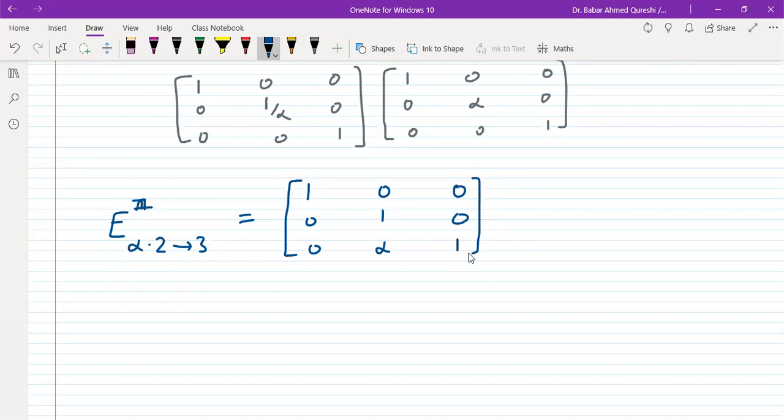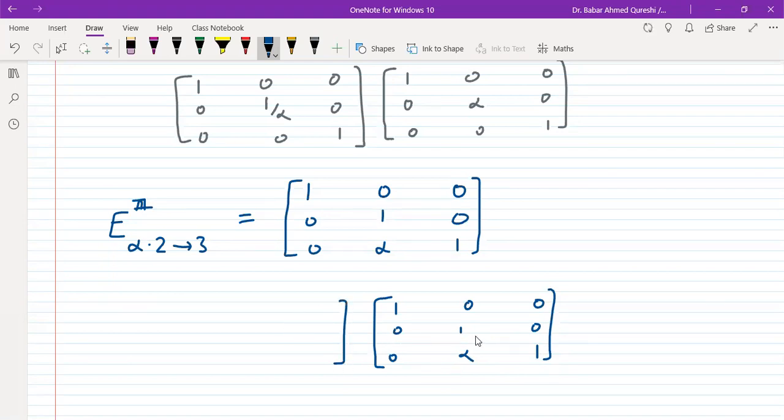Now if I want to bring this matrix down to identity, I have to remove this alpha. How can I remove it?